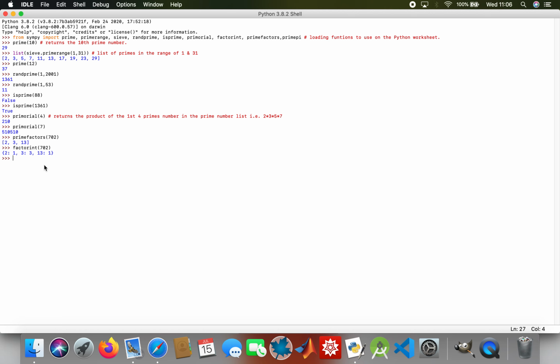And then I would also do the primepi function. So let me think of a given number. Right. So there's 4 prime numbers below 8. That's what it's saying essentially. So the 4 numbers below 8 are 2, 3, 5, and 7.